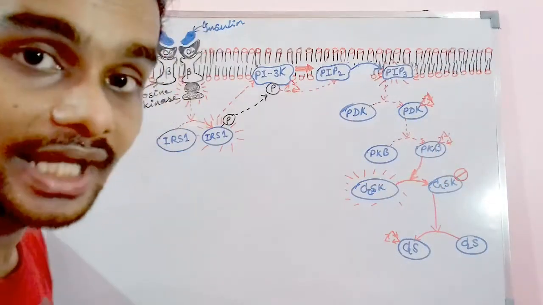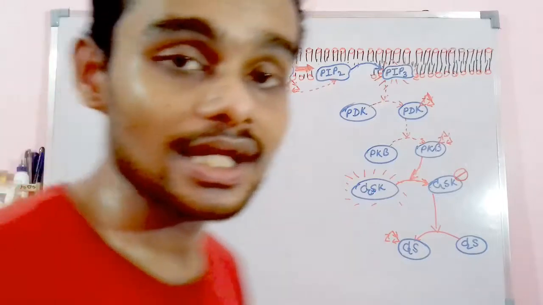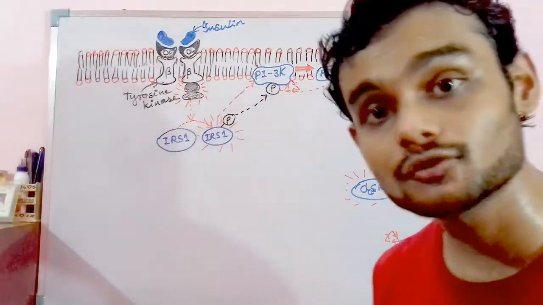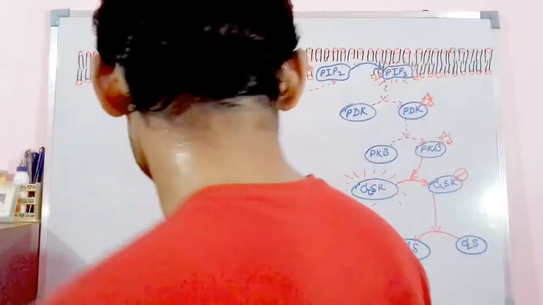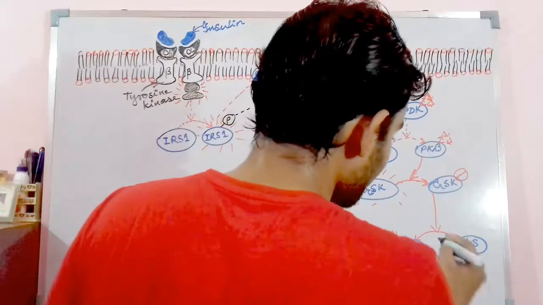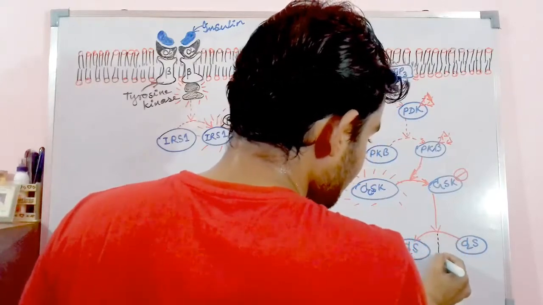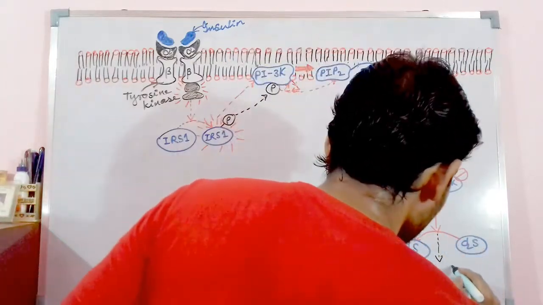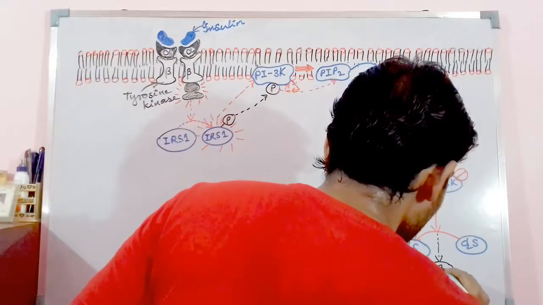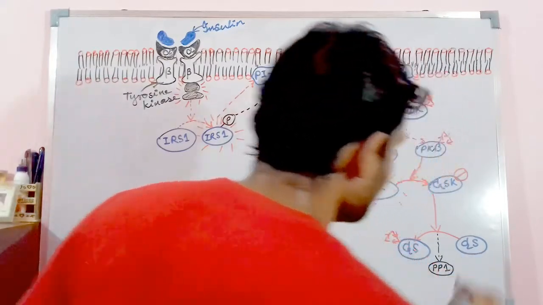So once this glycogen synthase kinase is inactive, this inactivity would lead to the activation of another enzyme called phosphoprotein phosphatase 1.